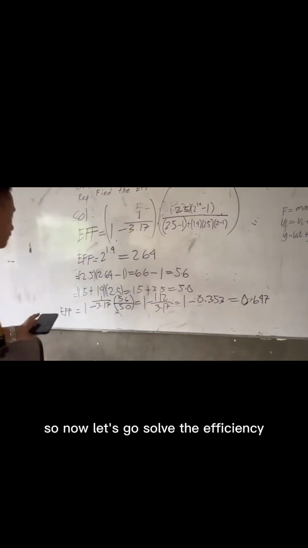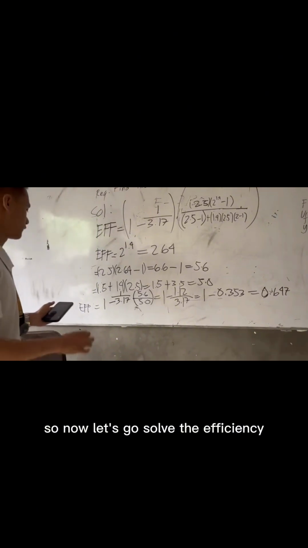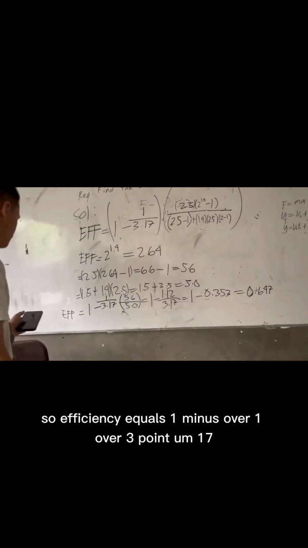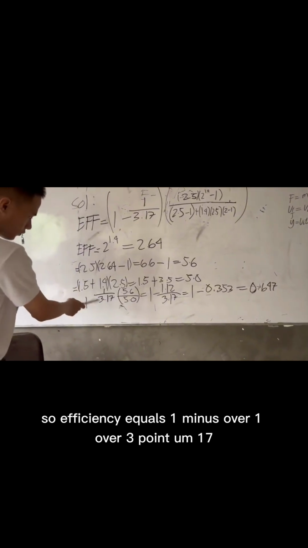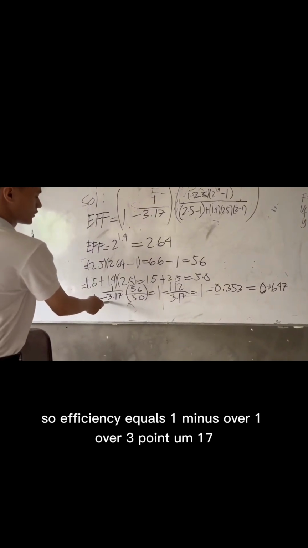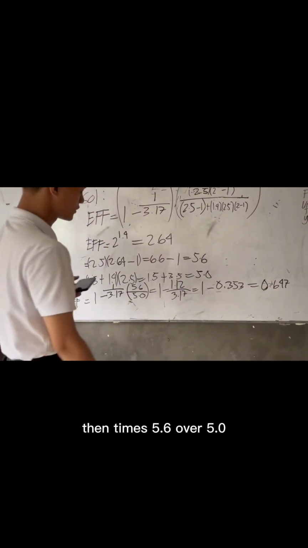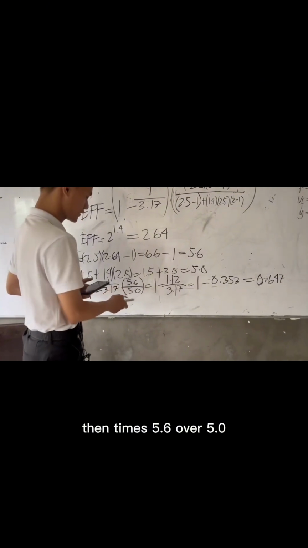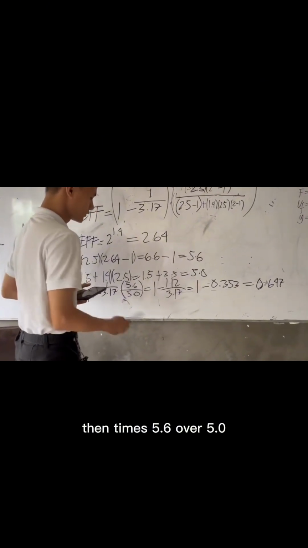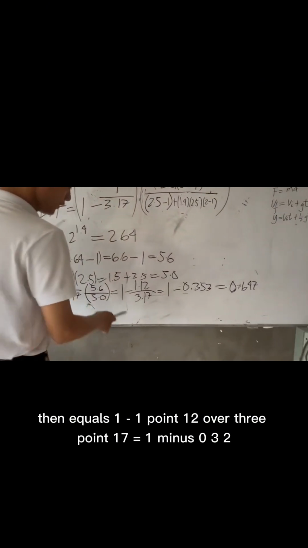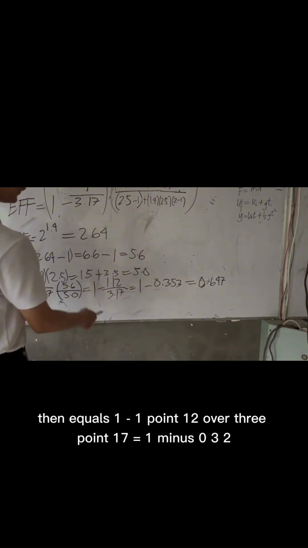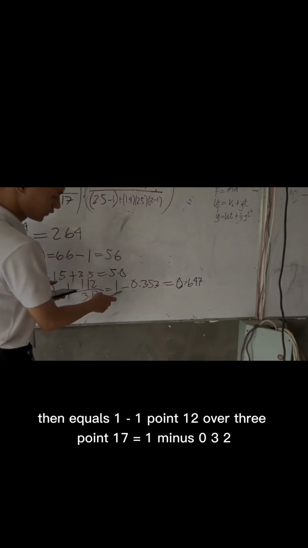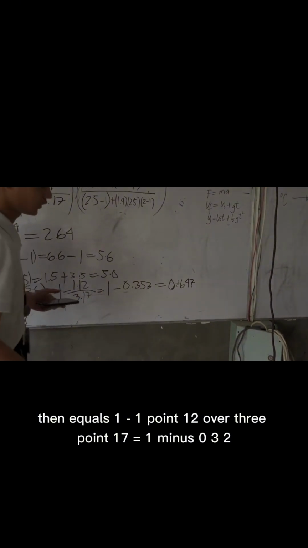So now we solve the efficiency. Efficiency equals 1 minus 1 over 3.17, times 5.6 over 5.0, equals 1 minus 1.12 over 3.17, equals 1 minus 0.35.